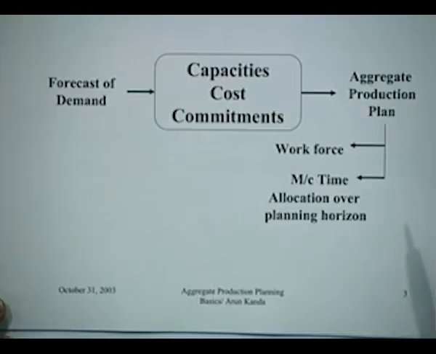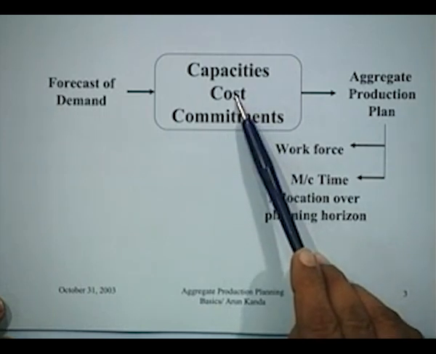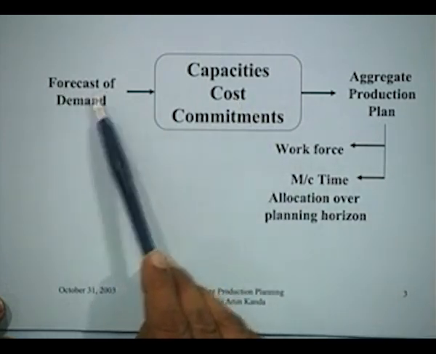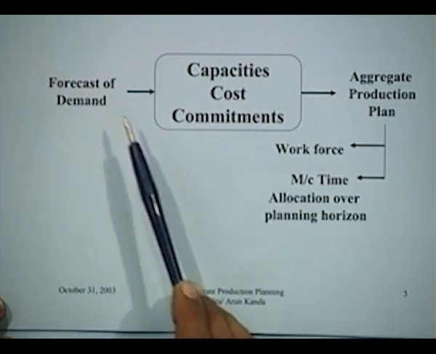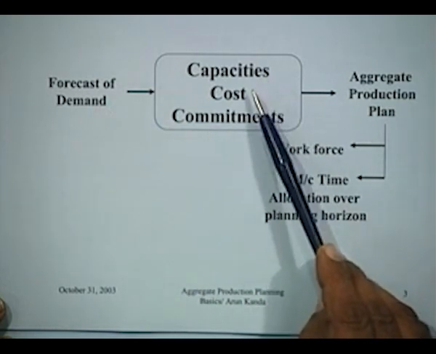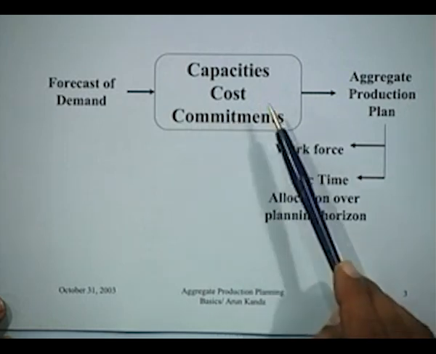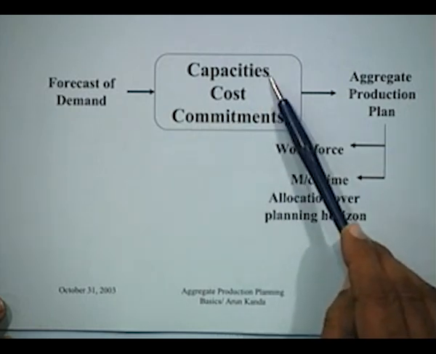Basically, what are we trying to do in aggregate production planning? Basically, what we are trying to say is, we are working with the forecast of demand, and we are trying to work out the capacities, cost, and commitments that you are making. So, you know that this is the capacity of my plant, so much in January, so much in February, so much in March, because you might have committed capacity to other products.